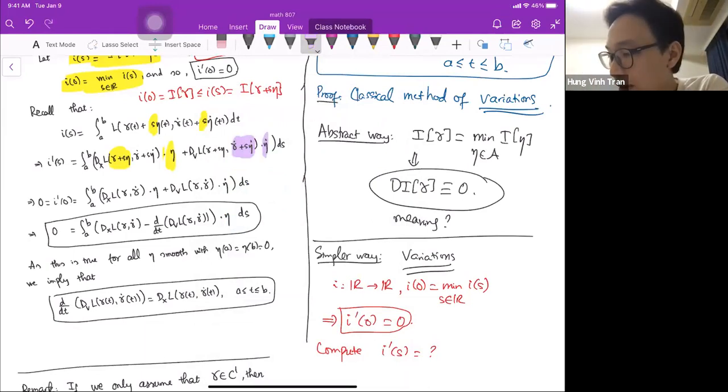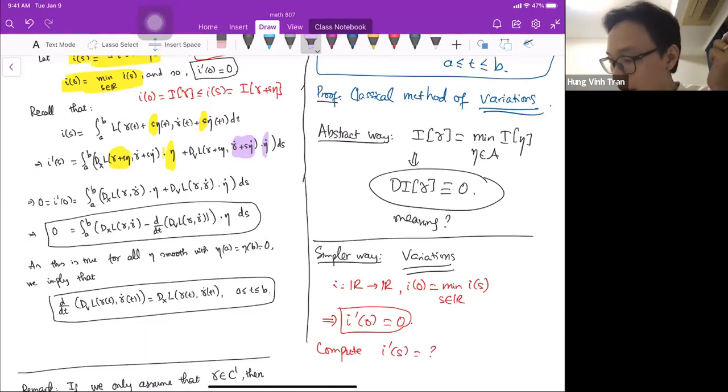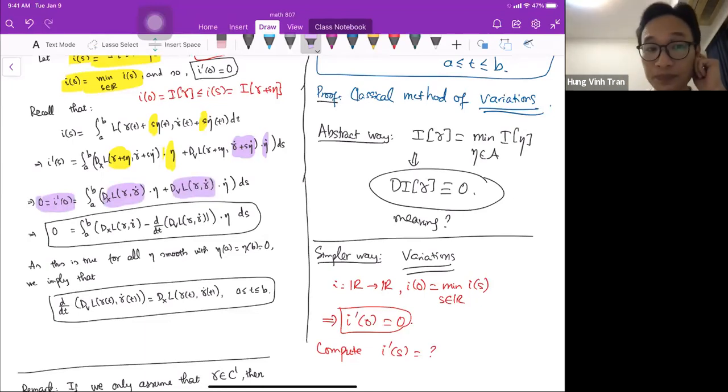Again, it's simple; it's exactly the technique of calculus of variations. And the good thing when s equals 0 is that the integral simplifies: you just have d_x of L of gamma, gamma dot, dotted with eta, and d_v of L of gamma, gamma dot, dotted with eta dot. The variation goes away.